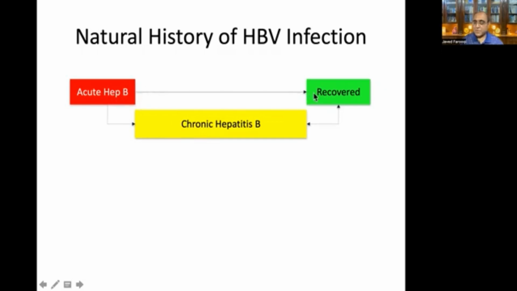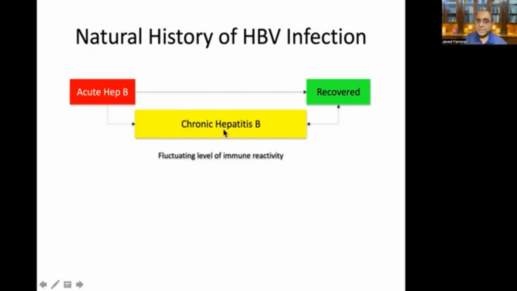When a patient recovers, the green recovered, or the patient may have an alternate path, that is the chronic hepatitis B path. And from this path, the patient may recover or may not recover. And at times the patient becomes recovered, but again, the patient may reactivate. So from acute hepatitis B to recovered, it's a one-way process. And if the patient comes to chronic hepatitis B, then it may recover or it may come back.